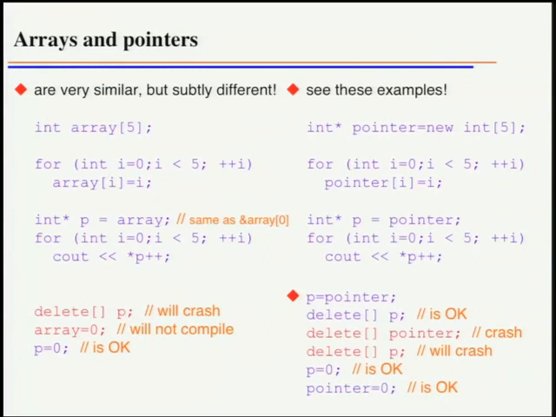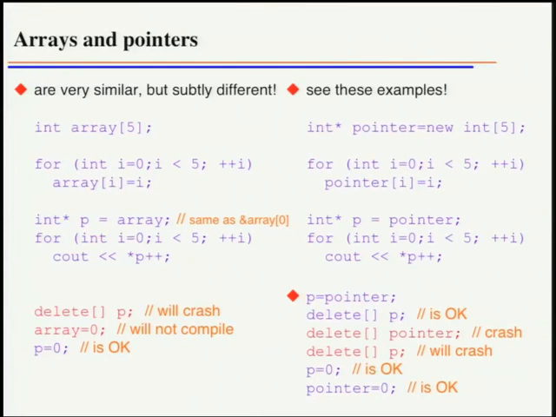Okay? And the same thing as declaring an array statically would be dynamically allocating an array of 5 integers, putting the result into the variable pointer. Then we can go through this array just as we did here and assign the values 0 to 4 into this array.